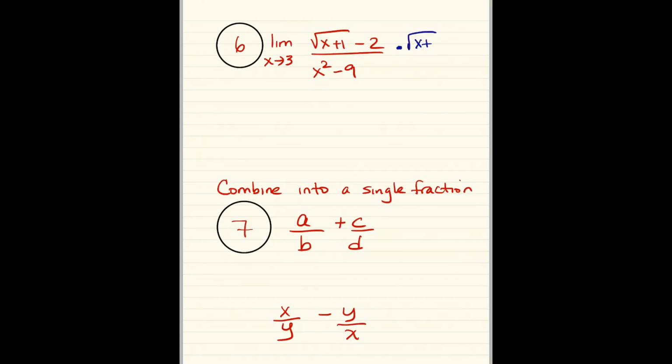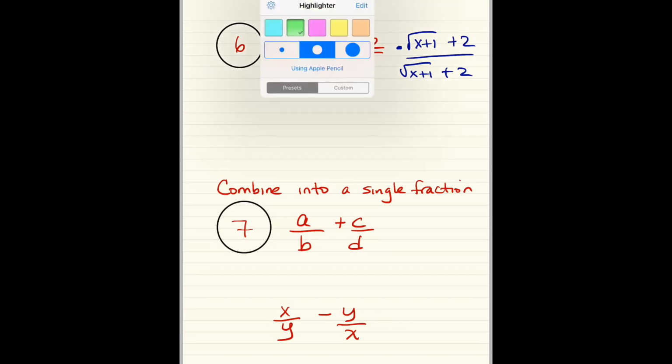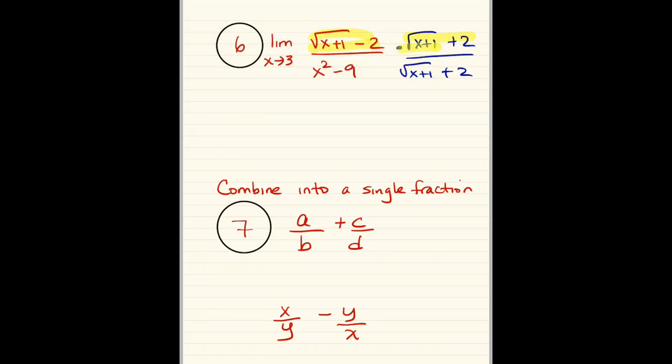The conjugate is radical x plus 1 plus 2 over radical x plus 1 plus 2. Now, you always multiply out the conjugates, but you never multiply out the other guy. So I'm going to, in my denominator, just leave x squared minus 9 times the square root of x plus 1 plus 2 in hopes that something will cancel out.